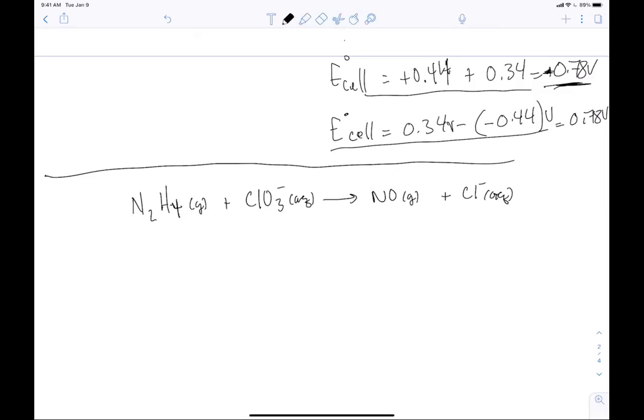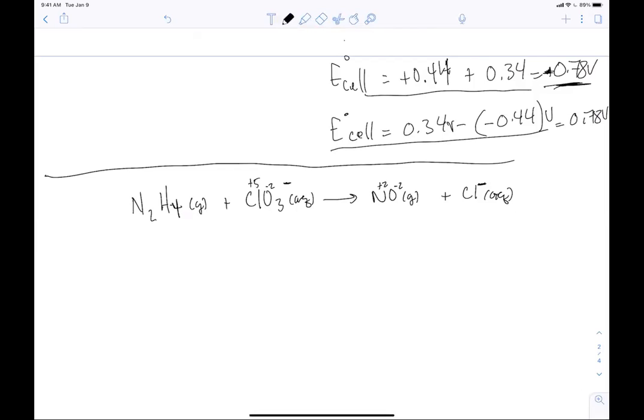So this is one of the ones where you have to do a little bit more in terms of figuring out the oxidation states for what's being oxidized and reduced. Chloride is negative. Oxygen we know is going to be -2, so that means the nitrogen is going to be +2. Then over here, chlorate has a net negative charge, so we know the oxygen should have -2, so that's -6, and so chlorine must be +5.